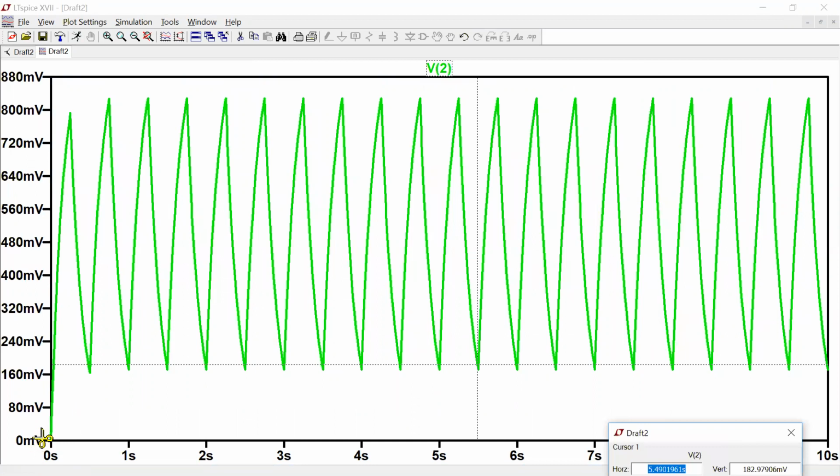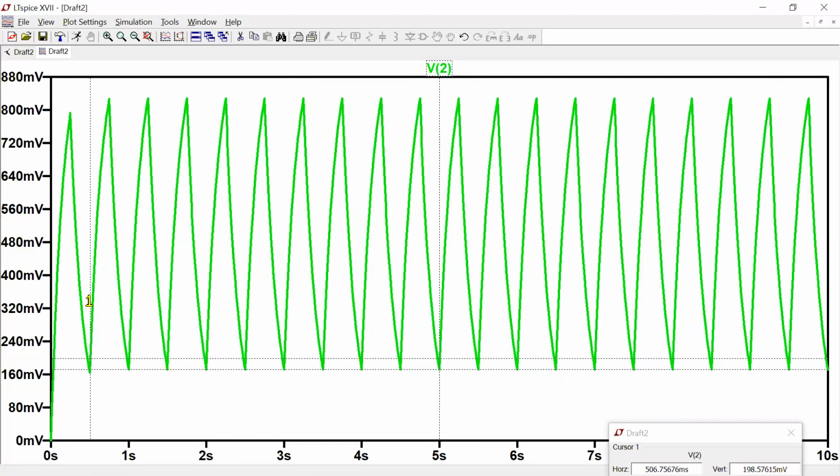I start at 0, and then notice it goes up to like 800. Then it's a little above 160. And notice how it rises.